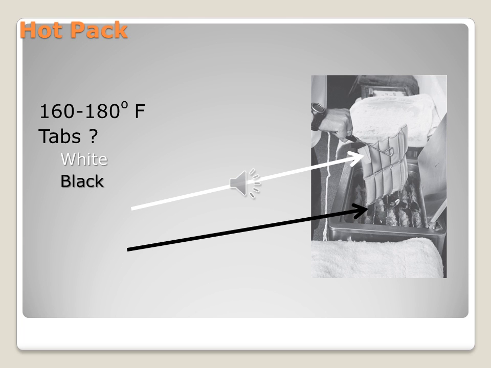The picture is depicting here, some hot packs come with different colored tabs. So the idea here is that if you're doing your moist hot pack treatments over the course of the day, you kind of have your own code as to how long the hot packs have been in the water.